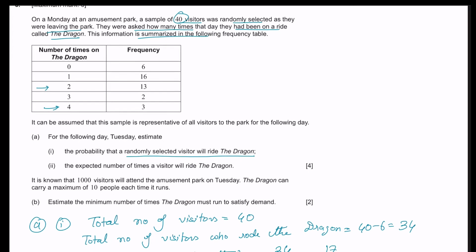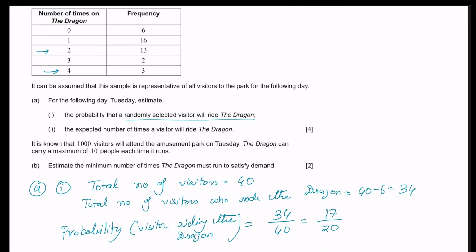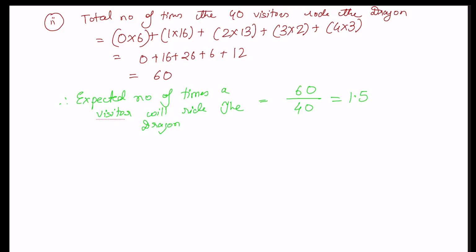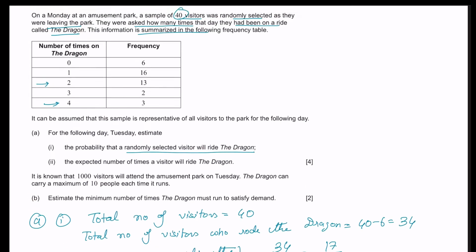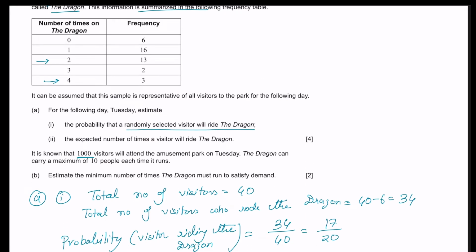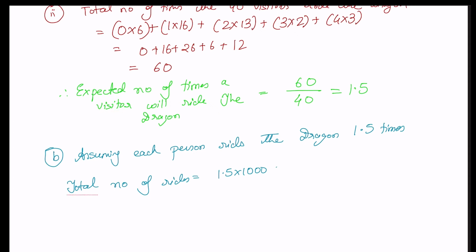So moving on to part C, we have to find the minimum number of times the Dragon must run to satisfy this demand. We'll assume that each person rides the Dragon 1.5 times. So total number of rides would be 1.5 times 1000, because here 1000 visitors have attended the amusement park, so total number of rides will be 1500.